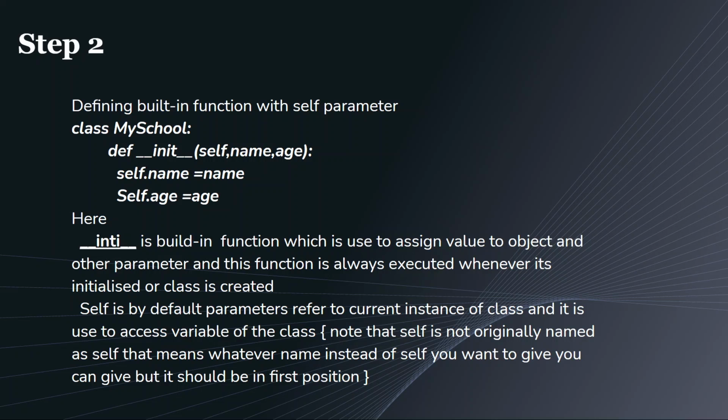Self is a default parameter which refers to the current instance of a class and it is used to access variables of the class. Note that self is not originally named as self. That means whatever name you want to give instead of self, you can give, but it should be in the first position.